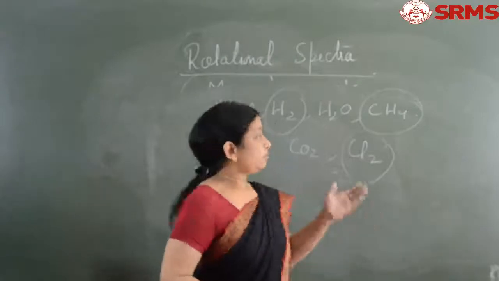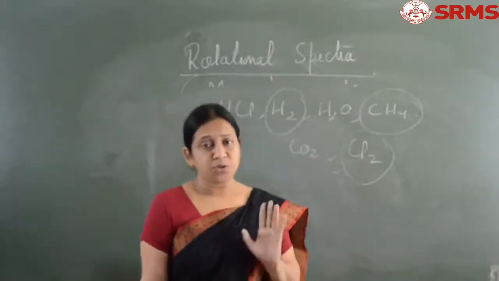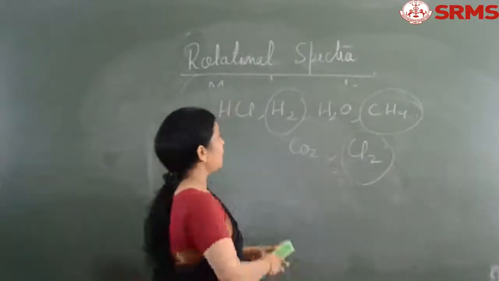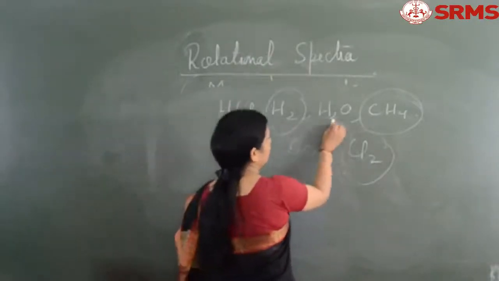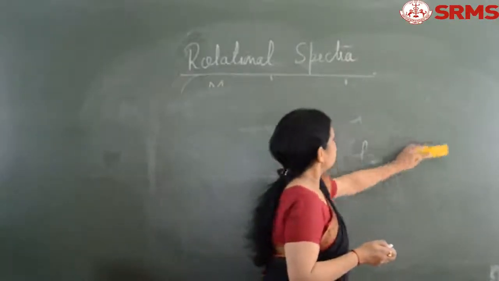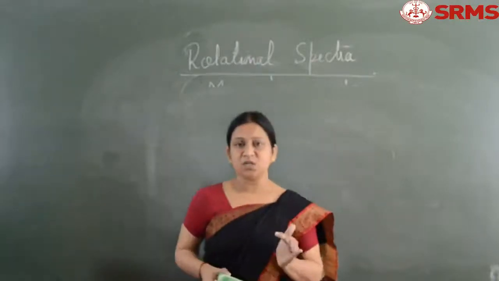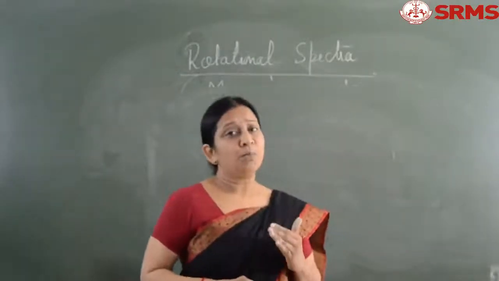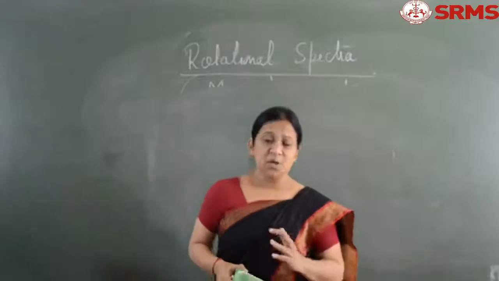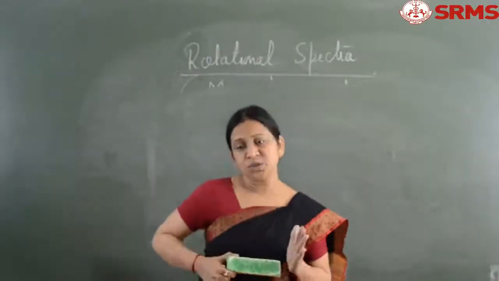So these three molecules are not going to give rotational spectra. So rotational spectra is given by HCl, water and carbon dioxide. This is the condition for a molecule to give rotational spectra: the molecule should have a permanent dipole moment. So this is a general introduction to rotational spectra.